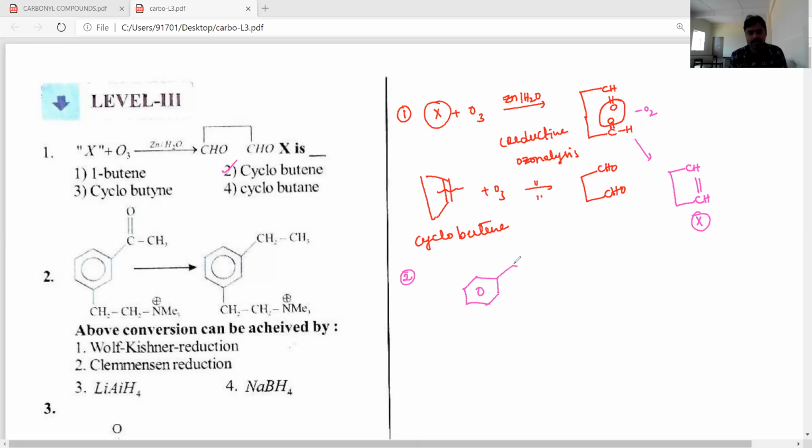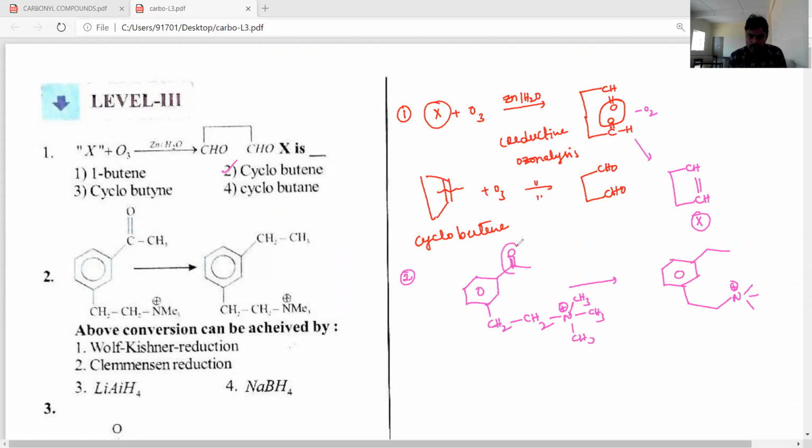What will happen? This C=O, and at the meta position CH2-N trimethyl, CH3 and CH3 is present. If this is the product we want, dear students, we have to reduce the C=O group only.